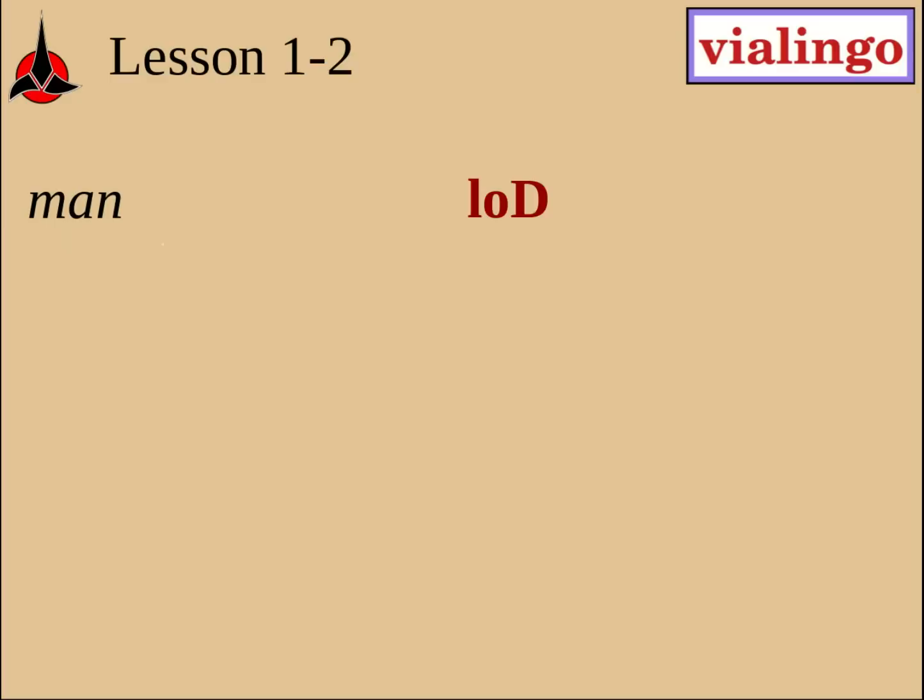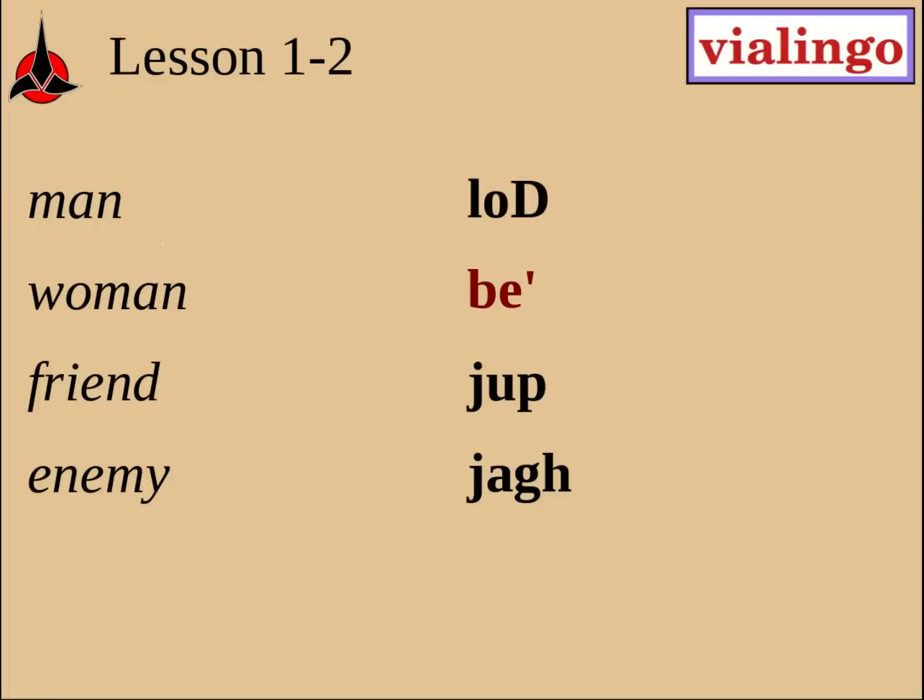Here are some more Klingon words. Woman is be. Imagine a woman being chased by a ferocious bear. Friend is jup. Imagine your best friend is so hungry that they are going to chew up a plate.